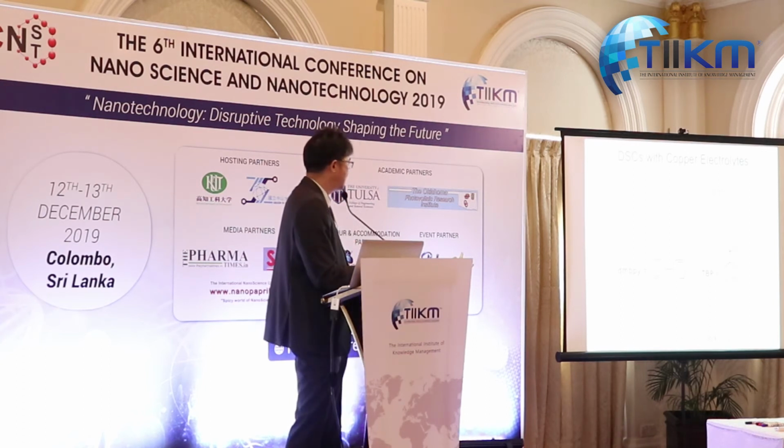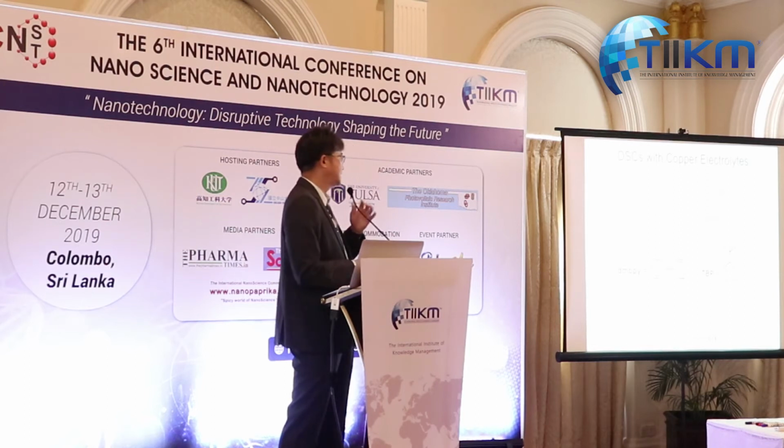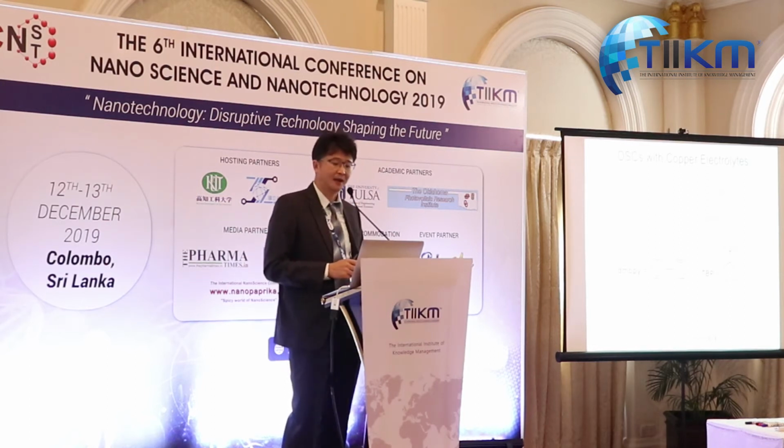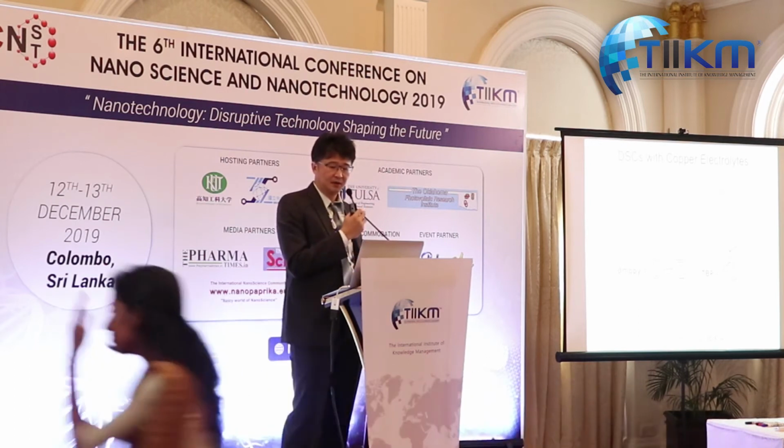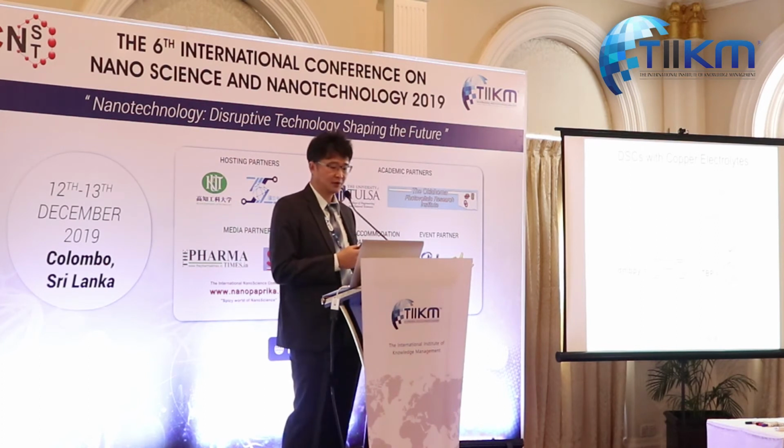For example, Hamann's group showed that the TBP additive will coordinate to the copper center and then displace the bidentate ligand. And the reaction of TBP with copper electrolyte will change the redox potential of the copper electrolyte and influence the cell performance and also the long-term stability of the devices.